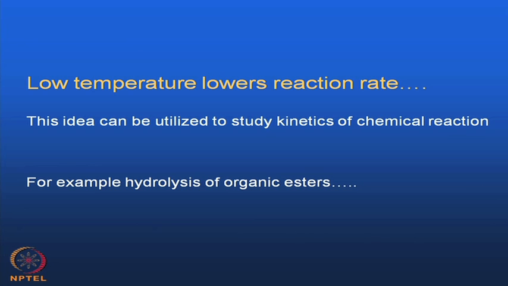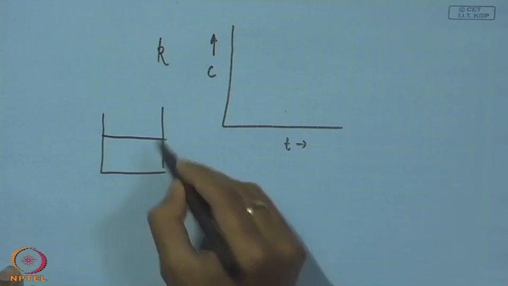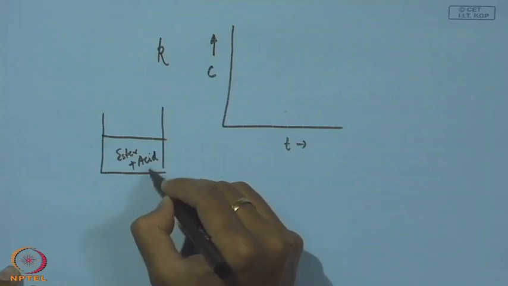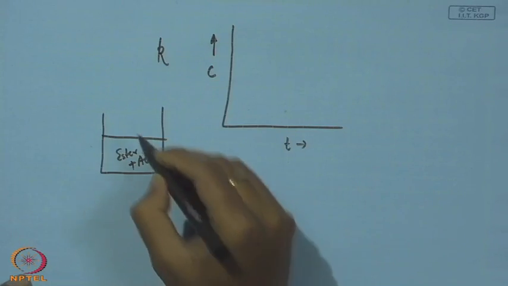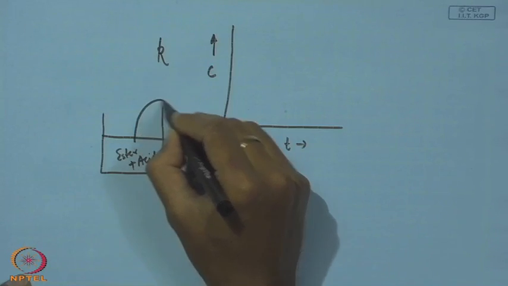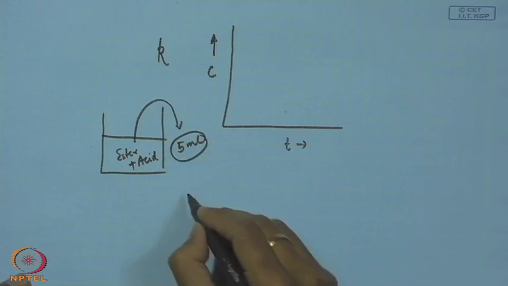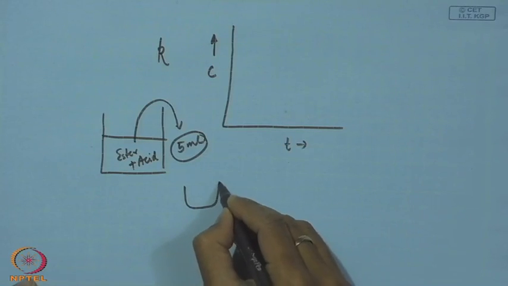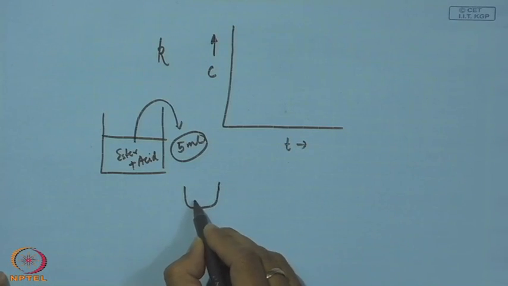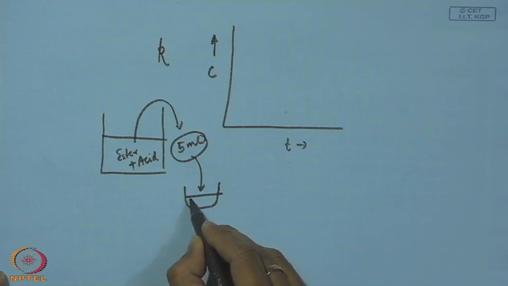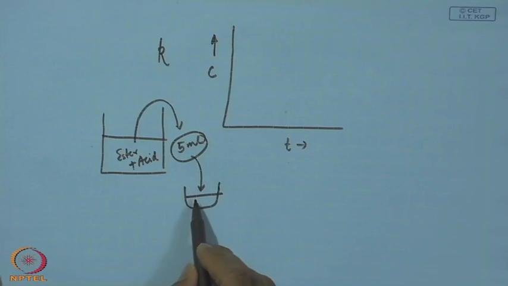You have got your reaction mixture where you have ester plus acid and the reaction continues. What you have to do? You take out some aliquot from here, say 5 ml aliquot, and then pour this 5 ml aliquot onto a conical flask containing ice cold water. So, you put it over here, so that since the temperature is reduced, the reaction is enormously reduced.